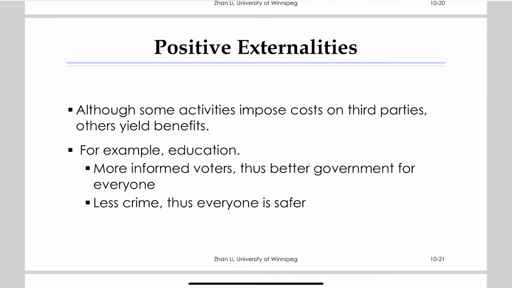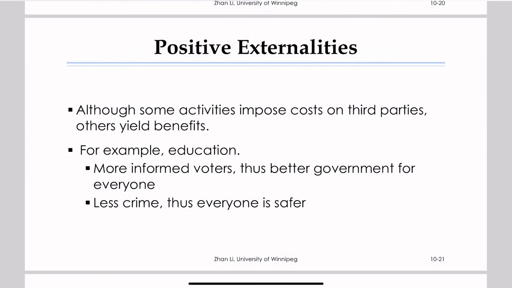Through education, we will have more informed voters, right? Through education, voters maybe will believe in fewer conspiracy theories, right? So this will actually lead to better voting, which will generate a better government, better president, right?